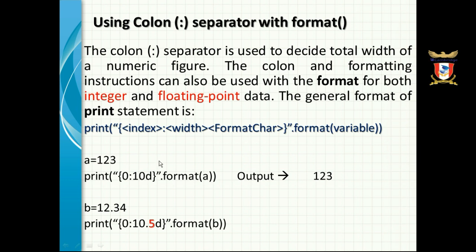So if you want to specify the width, after the index you specify a colon, then the width that you want to display. In the same way you can also specify it with a floating value.